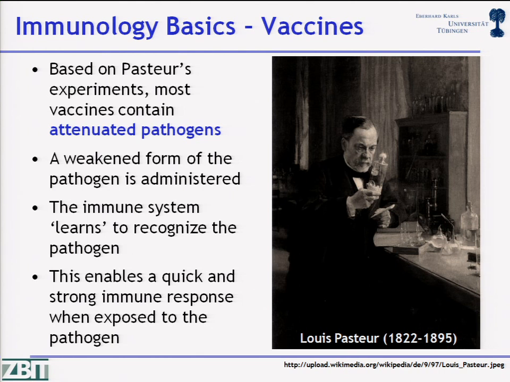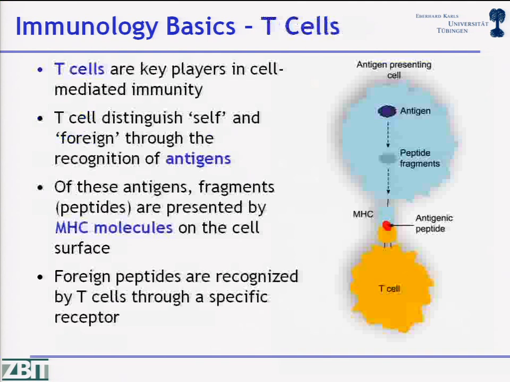If we look at this on the molecular level, then some of the key players are T cells, and the immunologists among you will hopefully forgive me for being very brief on this. It's a bit more complicated than I sketch it here.